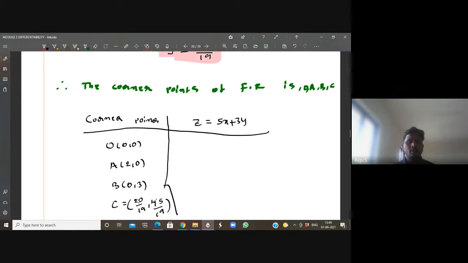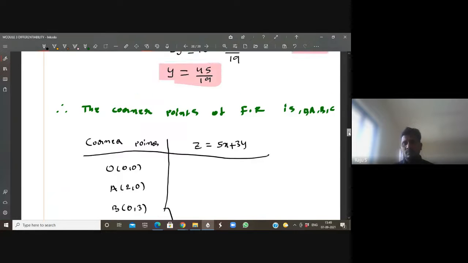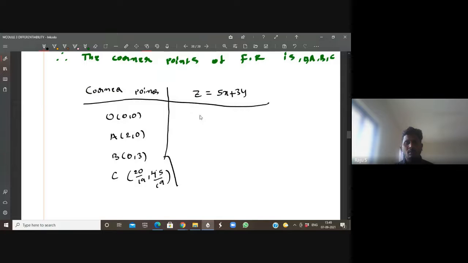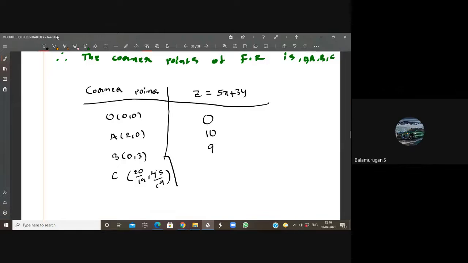Yes, students, all of you find the Z value. At 0 comma 0, the Z value is 0. At 2 comma 0, the Z value is 10. At 0 comma 3 it is 9. Then at 20 by 19, 45 by 19, it is 235 by 19.